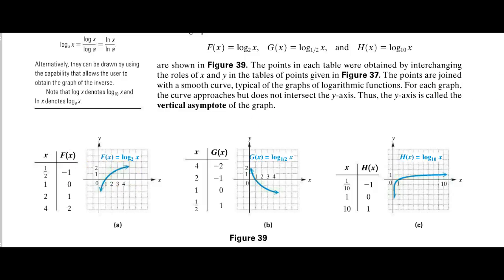Let me just sketch in. This is what the other one looked like here. This is what the logarithmic one looks like. And if they're fractions, it would be this way. And then 10 would be this way. Now notice when we had exponential functions, x was our horizontal asymptote.